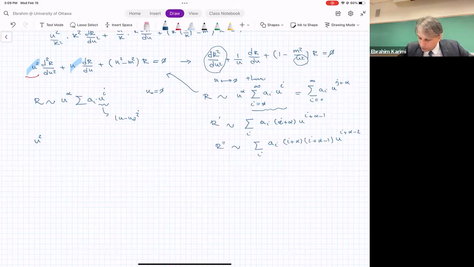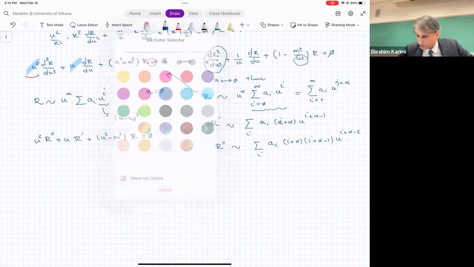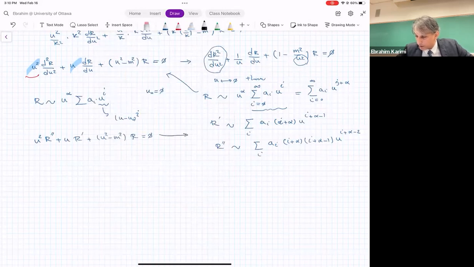The equation that we have is u squared r second plus u r prime plus (u squared minus m squared) r equal to 0. That's essentially the equation, and we have to substitute r, r prime and r second inside of this equation.